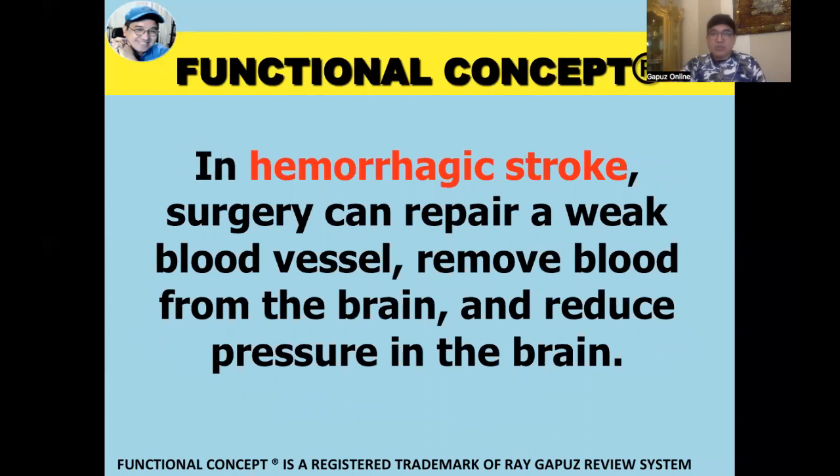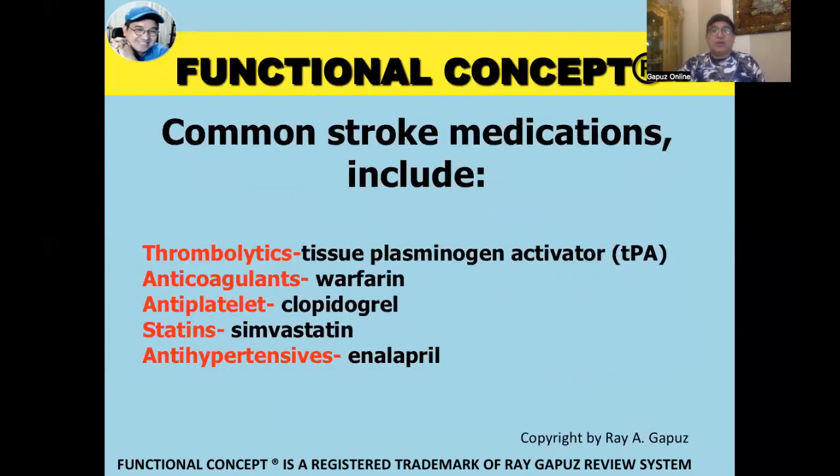In hemorrhagic stroke, surgery can repair a weak blood vessel, remove blood from the brain, and reduce pressure in the brain. So common stroke medications include the following. Thrombolytics, that includes your tissue plasminogen activator. This is usually given if your patient is suffering from a stroke related to a clot, an embolus, or a thrombus.